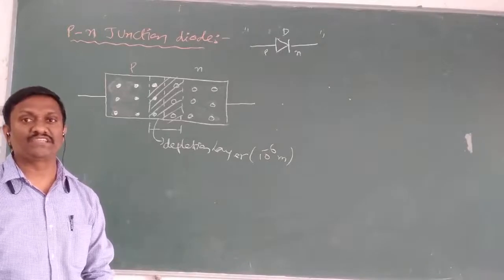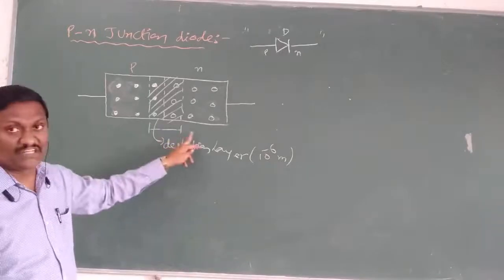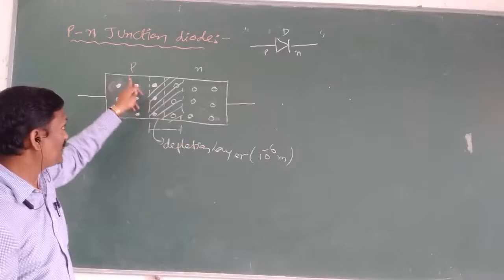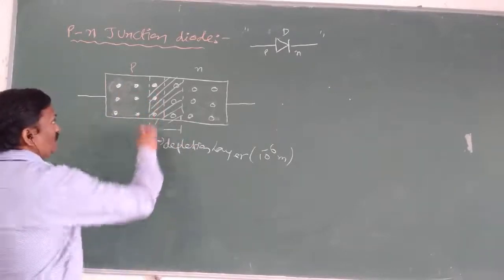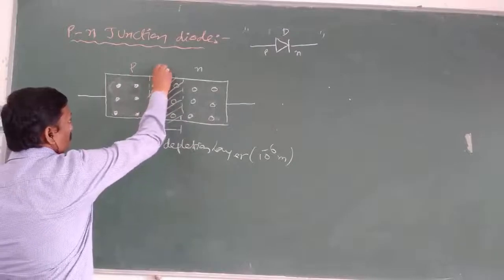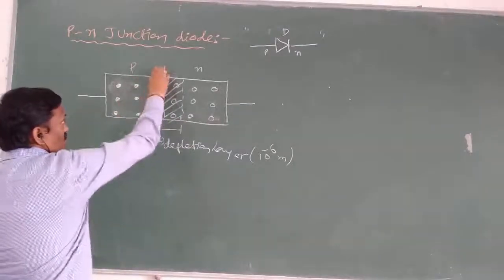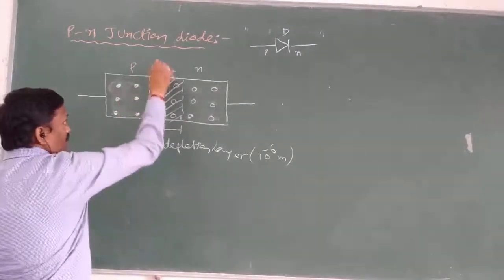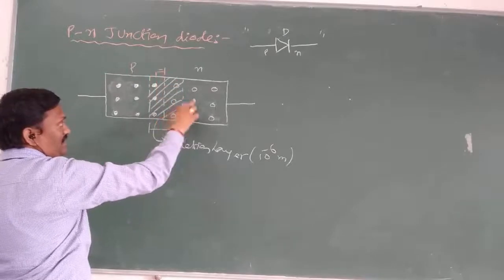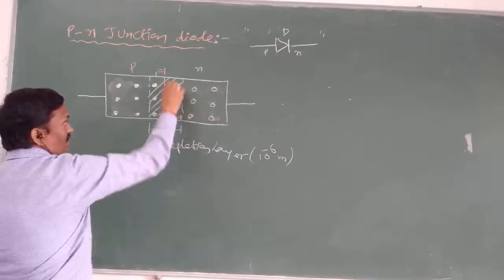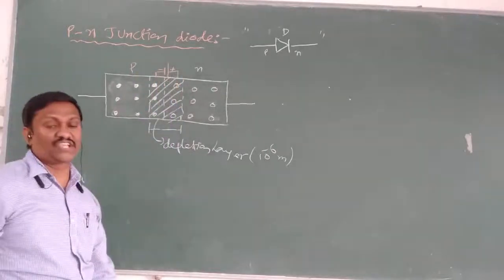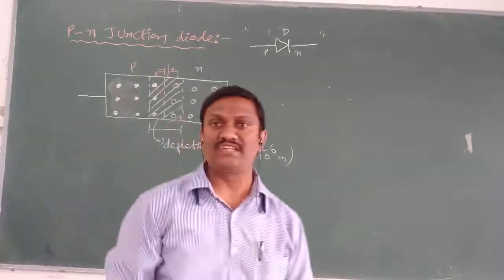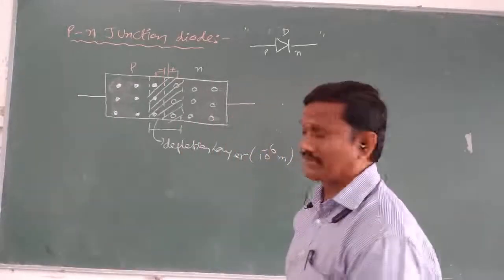Now inside the depletion layer, on the P region side, electrons are there. Electrons means negative charge. And inside the depletion layer, on the N region side, holes are there. Holes have positive charge. So across the junction, or inside the depletion layer, some potential is developed.